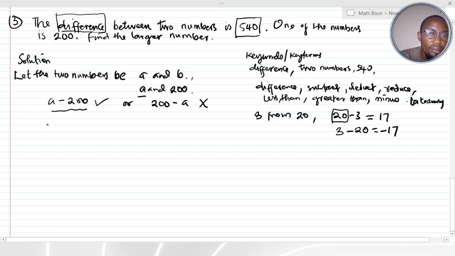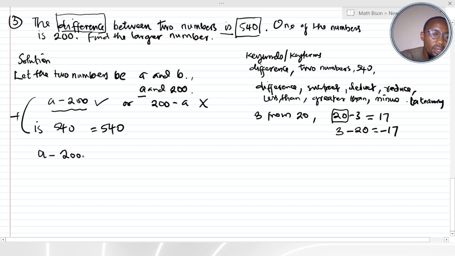So the next term is the equal sign, and the answer is equal to 540. So let's combine these two together, and we'll have A minus 200 equals 540.